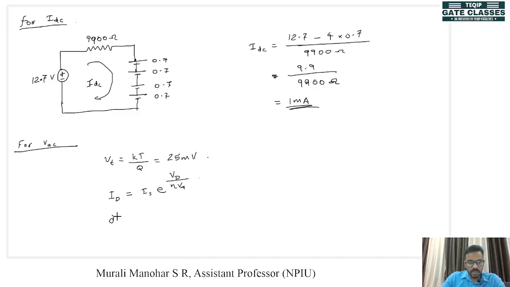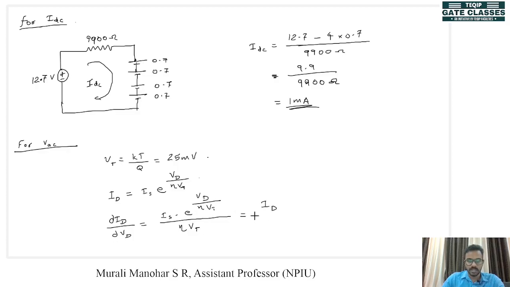Now, if we take the derivative of Id with respect to Vd, we get Is into e to the power Vd by eta Vt divided by eta Vt. This Vt and this Vt are the same, so we note it like this. Okay, so dou Id by dou Vd is Is into e to the power Vd by eta Vt divided by eta Vt, and we know that Is into e to the power Vd by eta Vt is Id only.